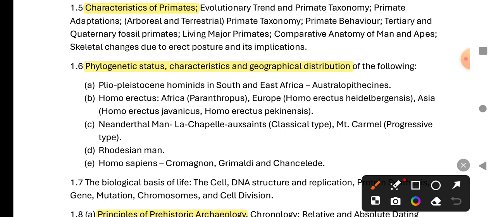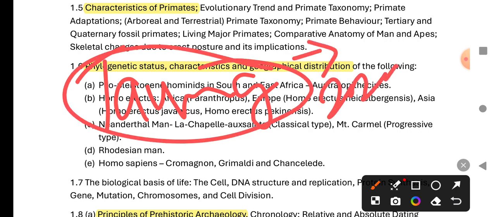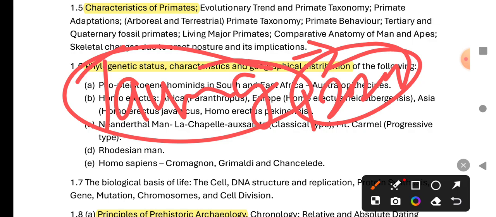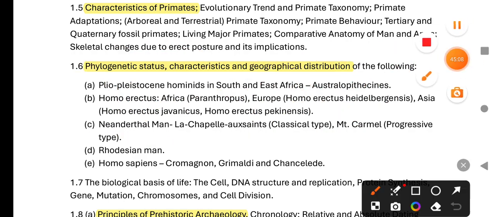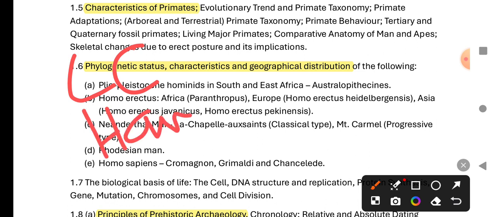What is the distribution? Australopithecus fossils were found in various places, like Taung in South Africa, discovered by Raymond Dart in 1924. Other places are Lake Chad, Hadar in Ethiopia, Olduvai Gorge in Tanzania, and Lake Turkana in Kenya.